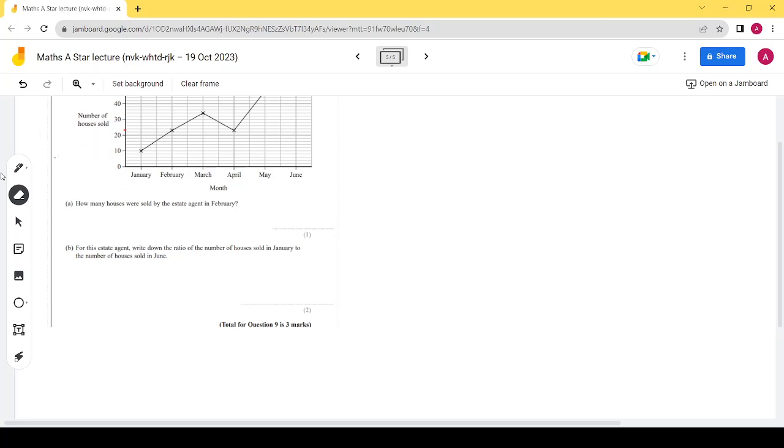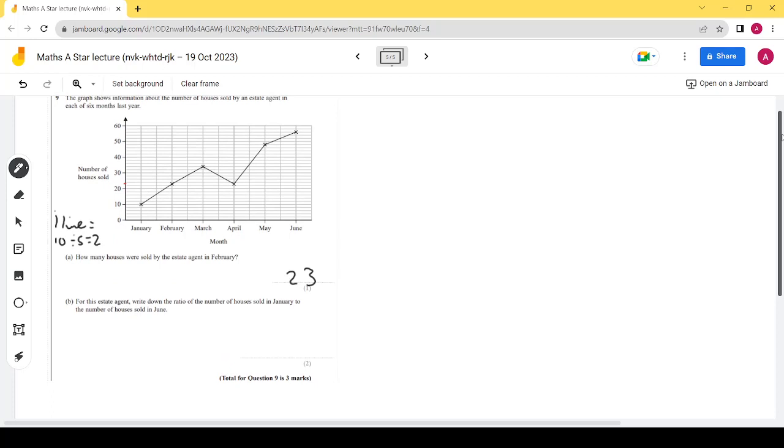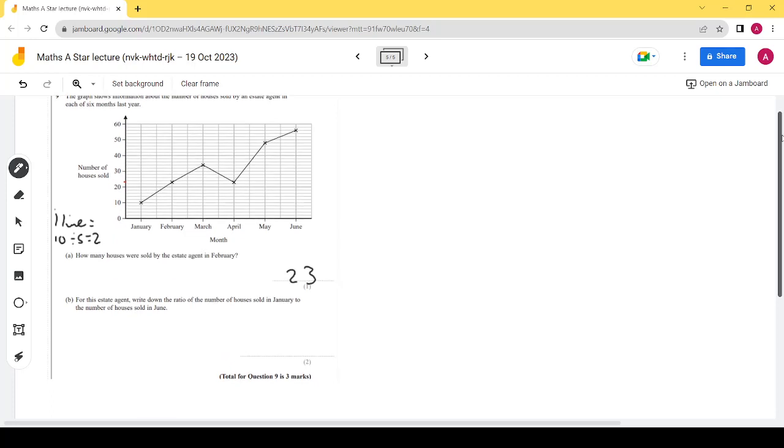So we've got one line in the graph equals 10, which is the gap between those two places, divided by 5, which is the amount of spaces, equals 2. And so, as we saw when we zoomed in, just like 1.5 up, which is 3. So we can say it's 23 houses. 23 houses. Obviously, in the exam, it's going to be bigger than the version I've got it here, as long as you don't have a teeny tiny computer.